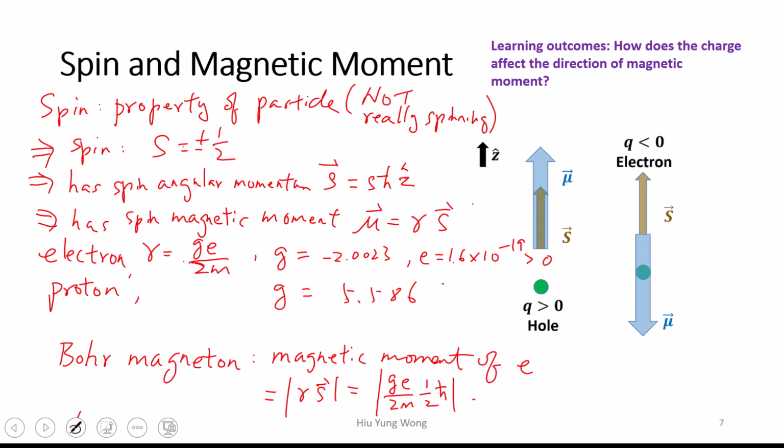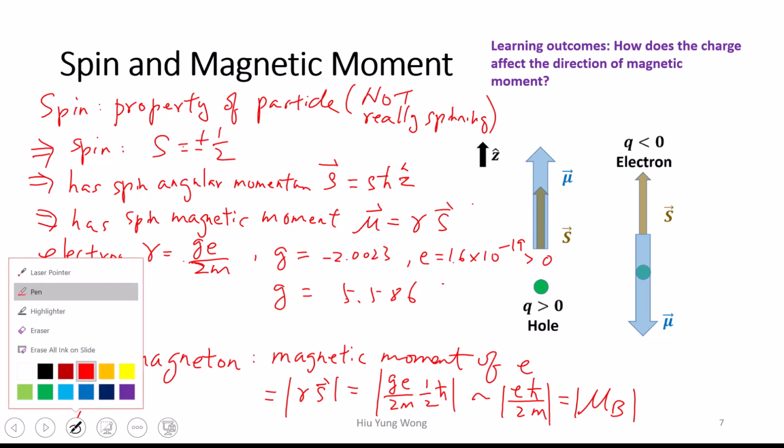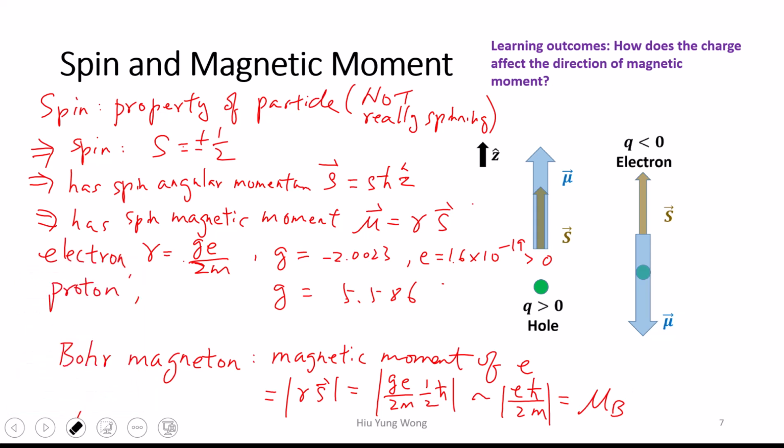Because G is approximately 2, right? So this one you get this. This is the so-called Bohr magneton. We label it as mu B, right? But this is a scalar, not a vector. This is just a value that you can have with an electron. Any questions?